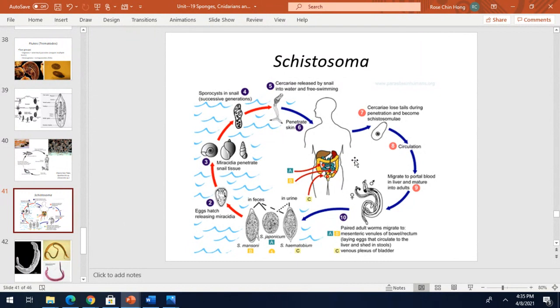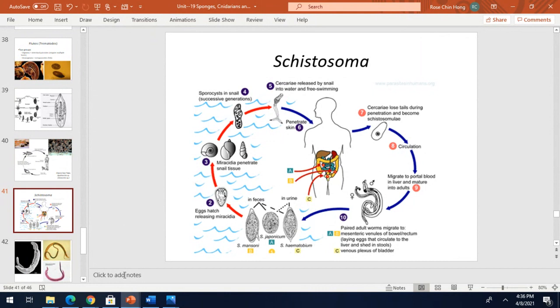So this is a life cycle. It needs more than one host. So same thing again, like how it gets into the human. If you run around barefooted or whatever it is, in the urine, you step onto it, and the heat. So you follow this life cycle of the Schistosoma.